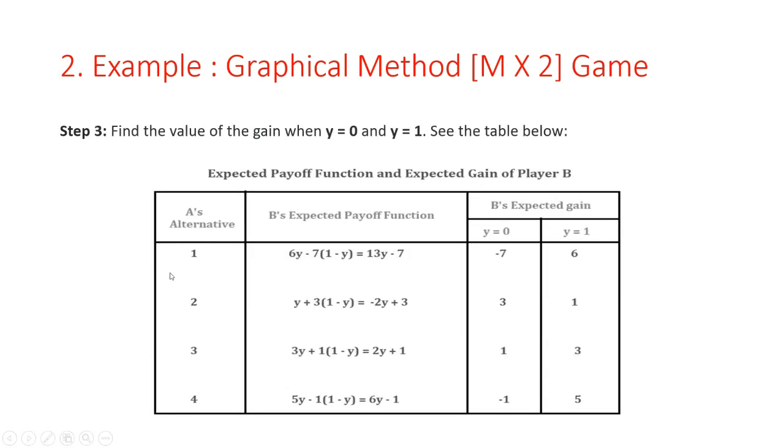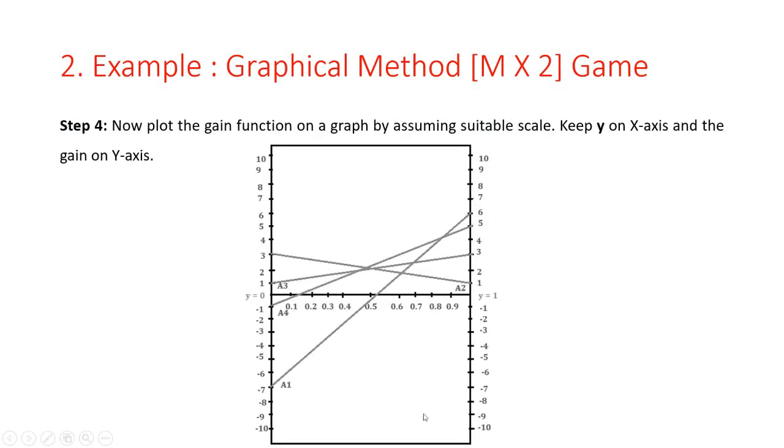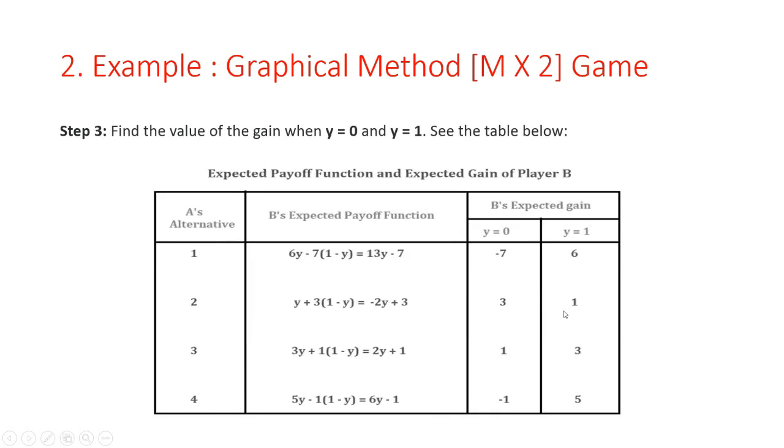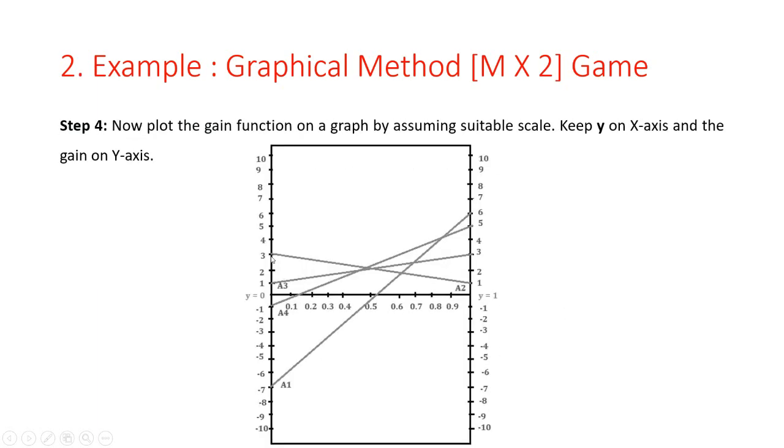See here, we have four A alternatives. For the first A alternative, y equal to 0 and y equal to 1 give -7 and 6. So this is A1. Similarly for A2, it is 3 and 1, so this is our A2.